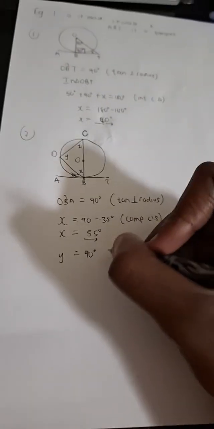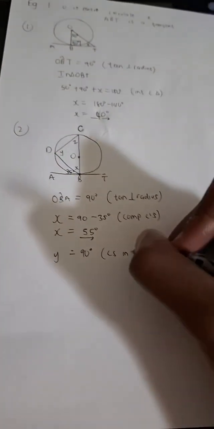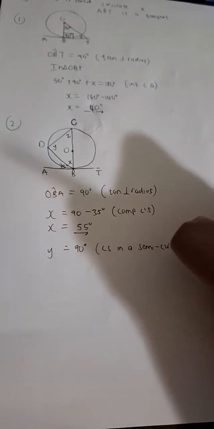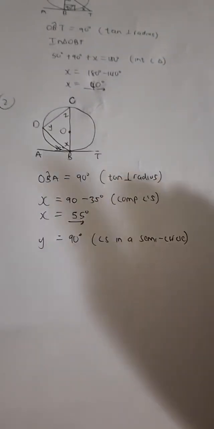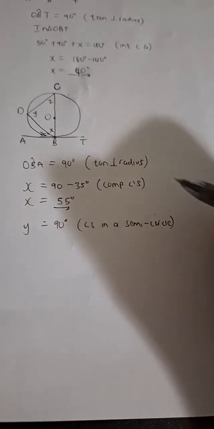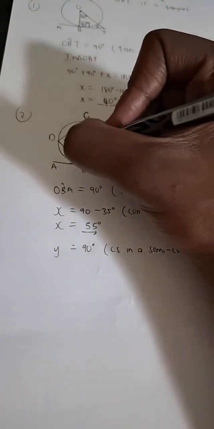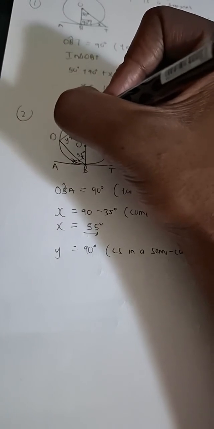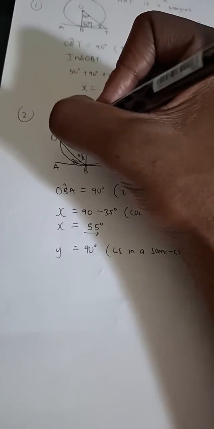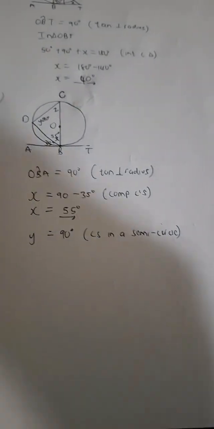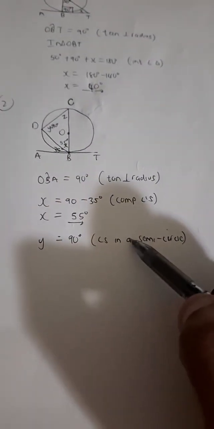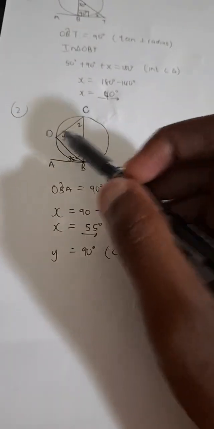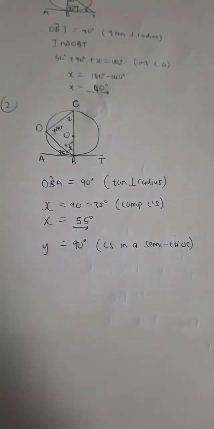What's the reason? Angles in a semicircle. Hopefully you understand that. So now we have the 55 degrees. We now have the 90 degrees, which we know for sure is y. Very important, because angles in a semicircle, we know that the diameter subtends 90 degrees at the circumference.